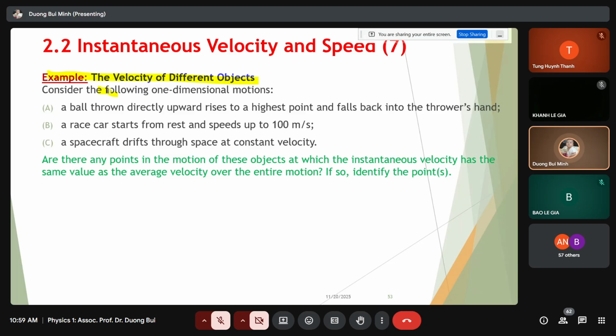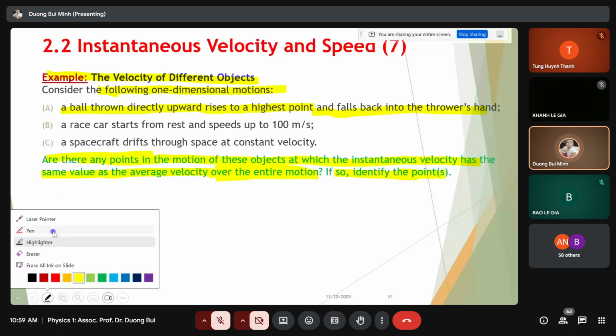Consider the following one-dimensional motion. A ball is thrown directly upwards, rises to the highest point, and falls back into the thrower's hand. Are there any points in the motion of this object at which the instantaneous velocity has the same value as the average velocity over the entire motion? If so, identify the point.